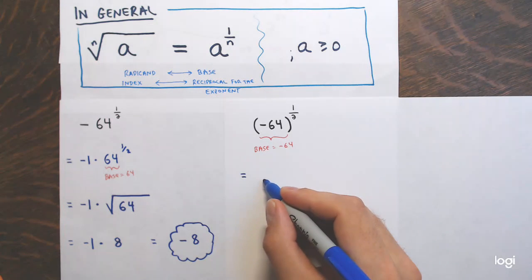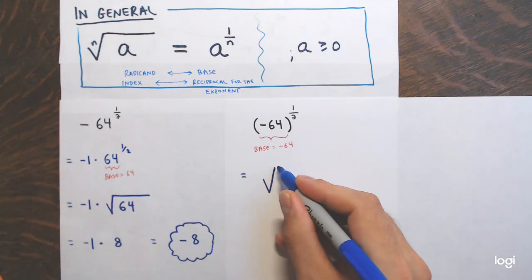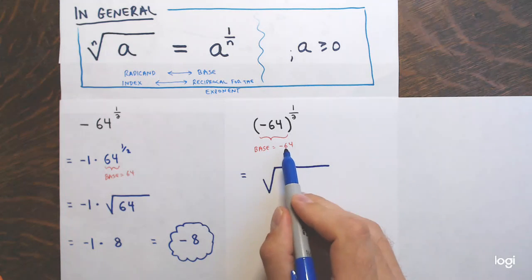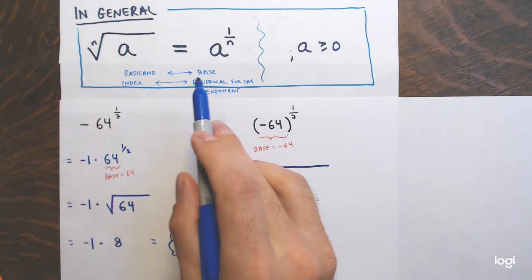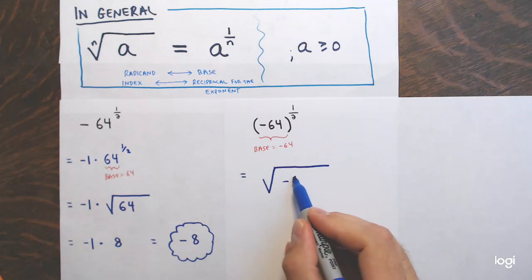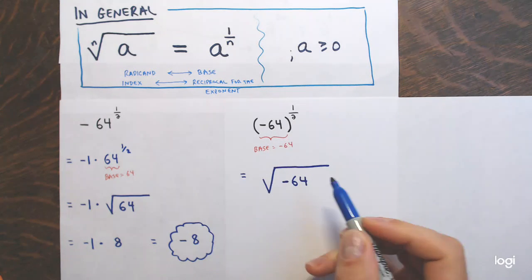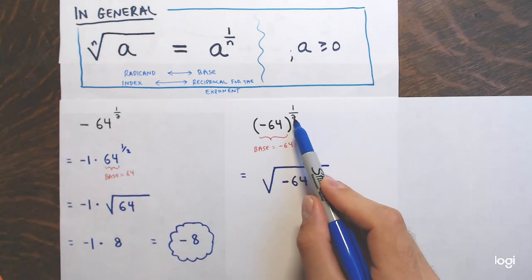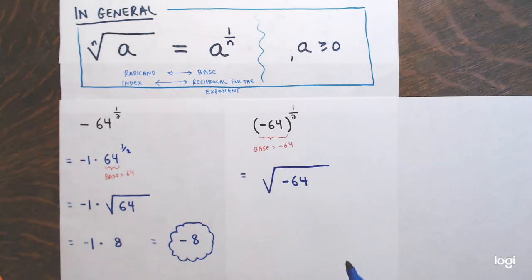So as a radical, I'm going to write the radical symbol. The base is -64. The base becomes the radicand. I write the base inside the radical symbol, so -64 in here. And the index is 2 again, right? This is the half power, 1/2. The index is 2. So this is a square root.